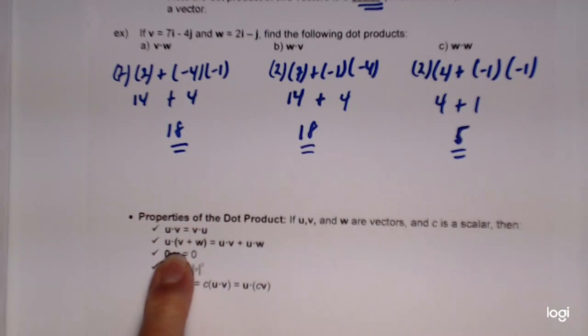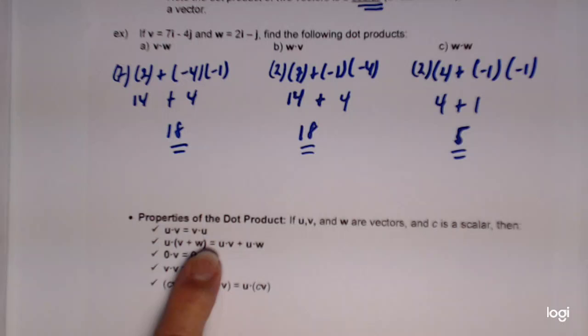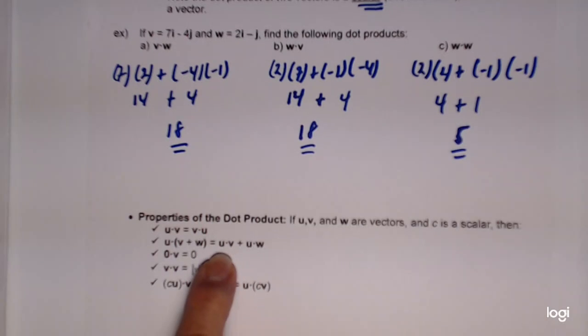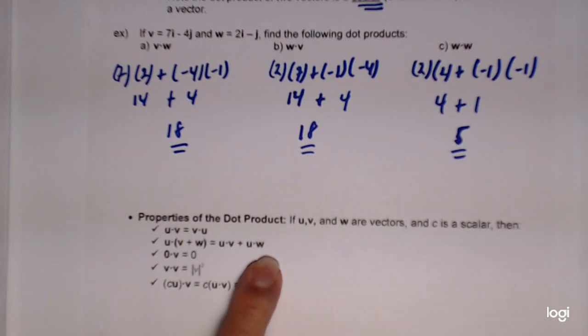In this next property, if we have three vectors here now, u, v, and w, if we add vectors v and w first, and then find the dot product between that resultant vector and u, that will be the same as if we find the dot product of u and v, and then the dot product of u and w and add them.